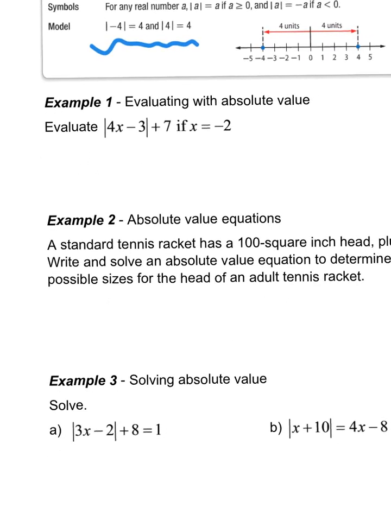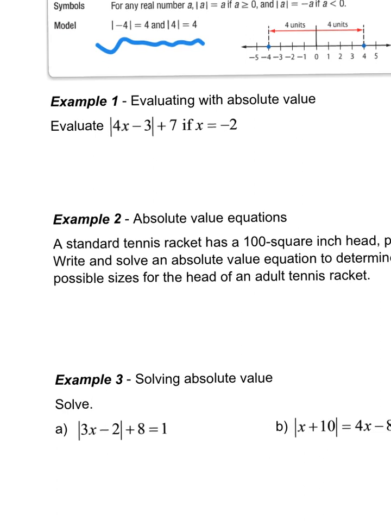So the first one we're going to look at here, we want to evaluate the expression when x is -2. So all we have to do is plug in a -2 to our expression. -2 times 4 is -8. -8 minus 3 is -11.